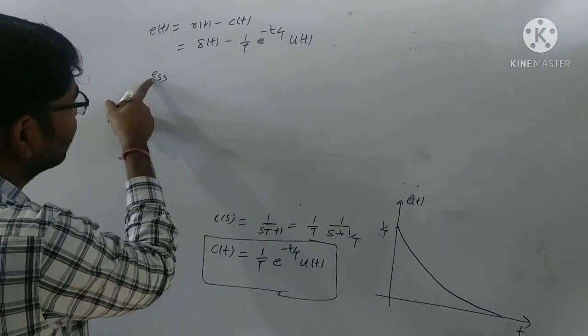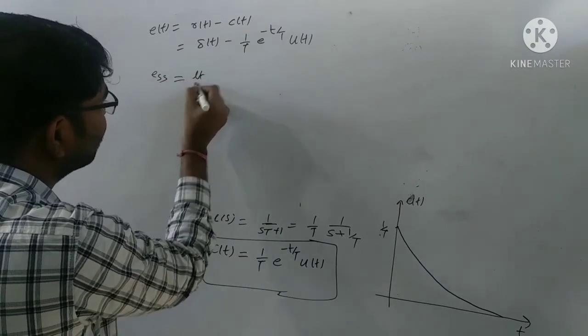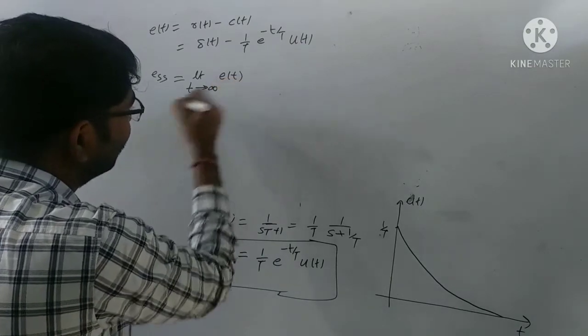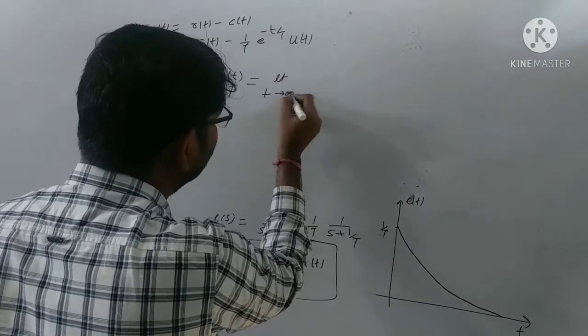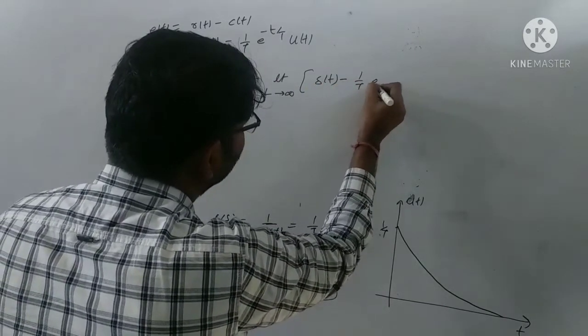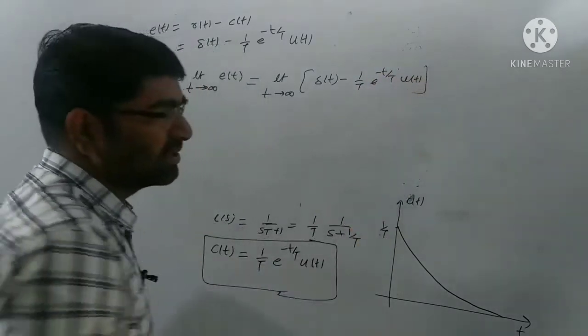I denote it as e_ss, that is steady state error, the limit as t approaches infinity of E(t), which is the limit of delta(t) minus (1/T) e raised to power minus t by T, u(t). Can we calculate this?